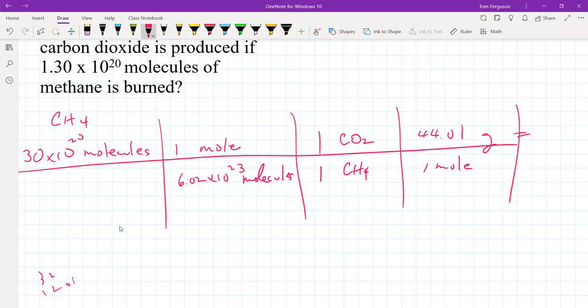Okay, so our methane cancels, molecules cancel, moles cancel, leaves us with grams of carbon dioxide.